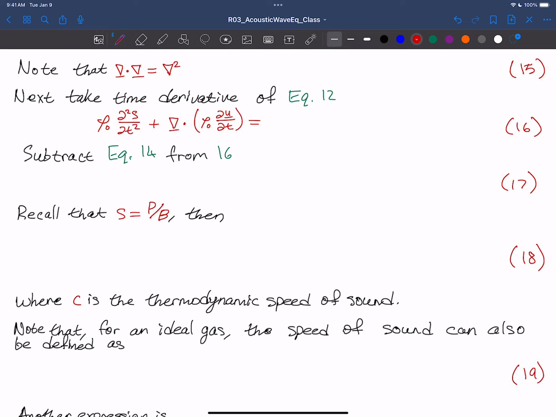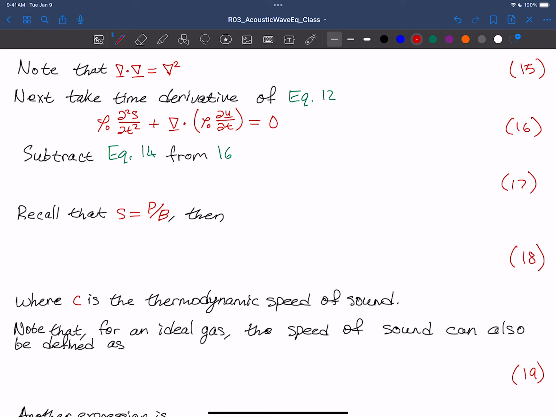Both taking a time derivative and the del dot operator are linear operators, so we can exchange their orders. So I brought that time derivative inside that second term, inside the parentheses.